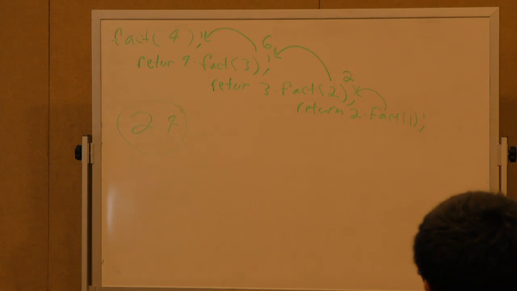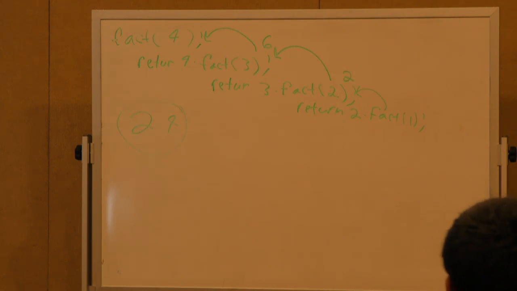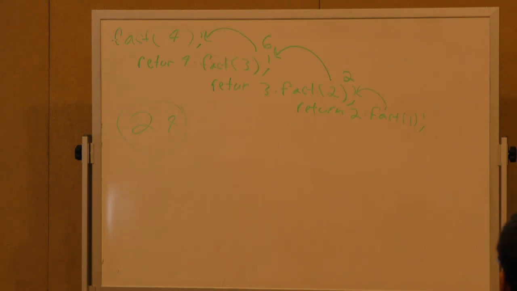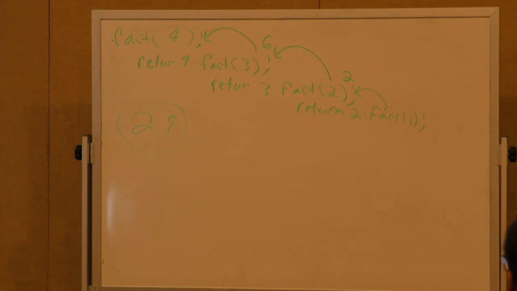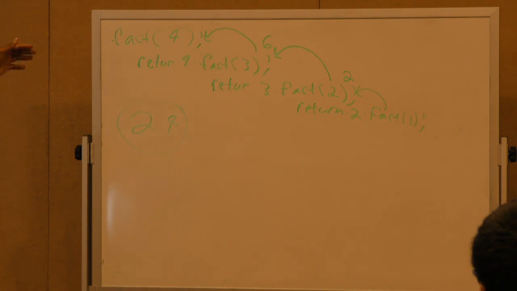Something to keep in mind about recursion is what you're seeing here. You see how we're stacking these function calls one on top of each other? That's what happens in the program itself. All these functions get placed on the stack. A danger of using recursion is that a problem you might be solving might call itself too many times, and you overflow the stack. You have too many function calls, and your recursion problem breaks.